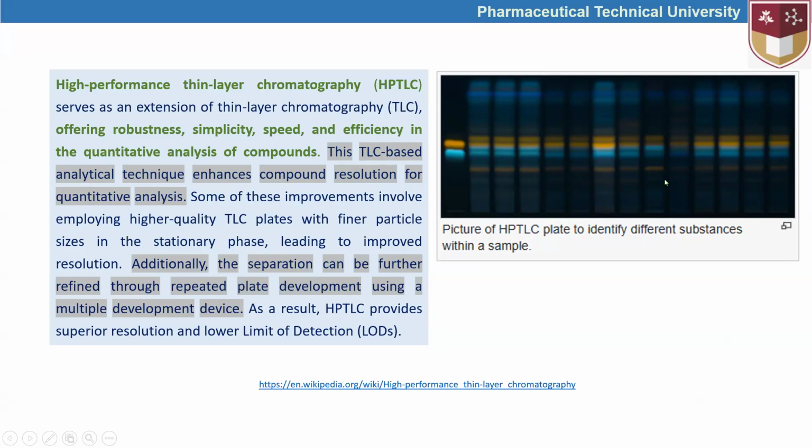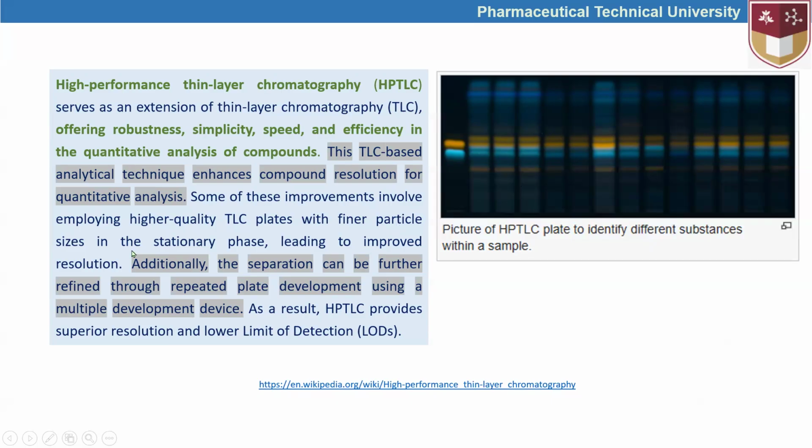So this is not only about using techniques like UV or updated mechanisms of separation, but also the sorbents are expected to be smaller, so the resolution can be of higher efficacy. Some of these improvements involve employing higher quality TLC plates with finer particle size in the stationary phase.